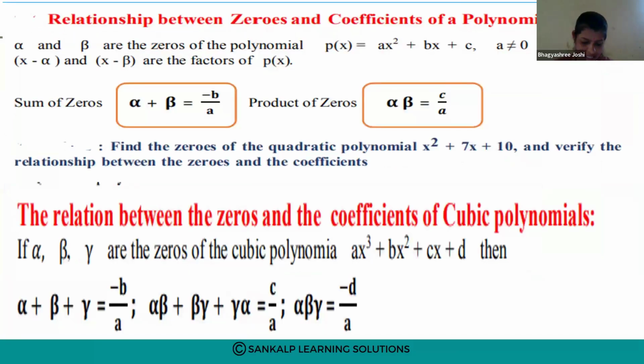Today we will discuss the relationship between zeros and coefficients of a polynomial. Before starting that, first I want yesterday's homework answer. Homework ಮಾಡಿದ್ರಾ? So ಅದರ answer ಹೇಳಿ ನನಗೆ. I want those factors. Okay, very fine. Fine answers. Very good students. I think all of you did your homework.